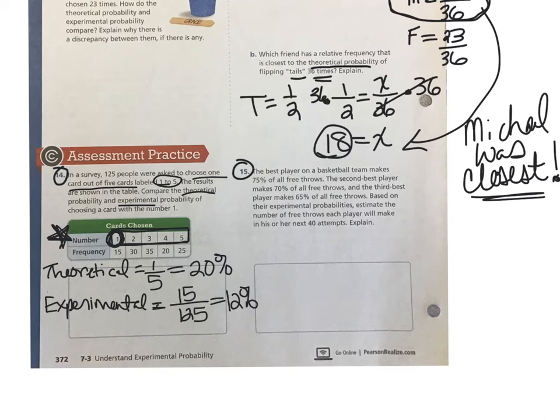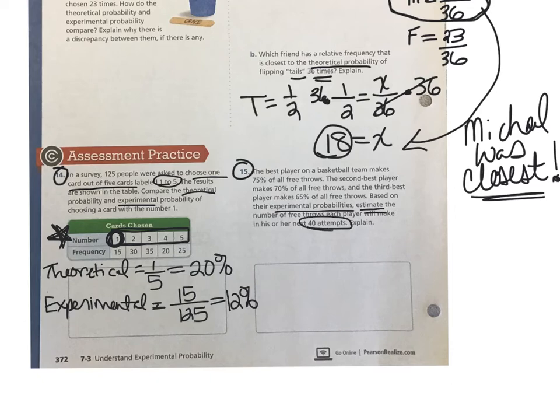Number 15. The best player on a basketball team makes 75% of all free throws. The second best player makes 70%, and the third best player makes 65%. Based on their experimental probabilities, estimate the number of free throws each player will make on his or her next 40 attempts.